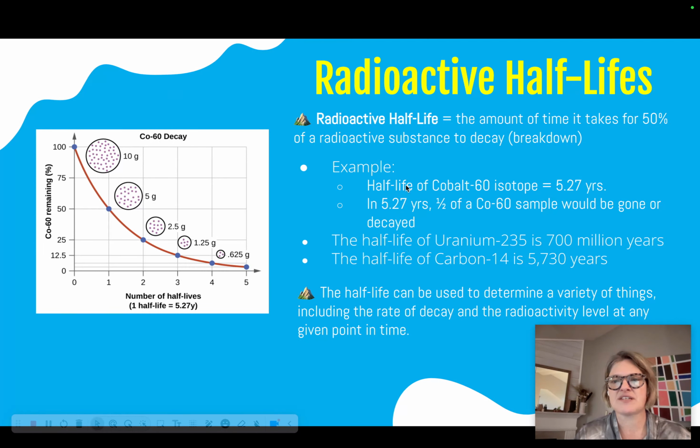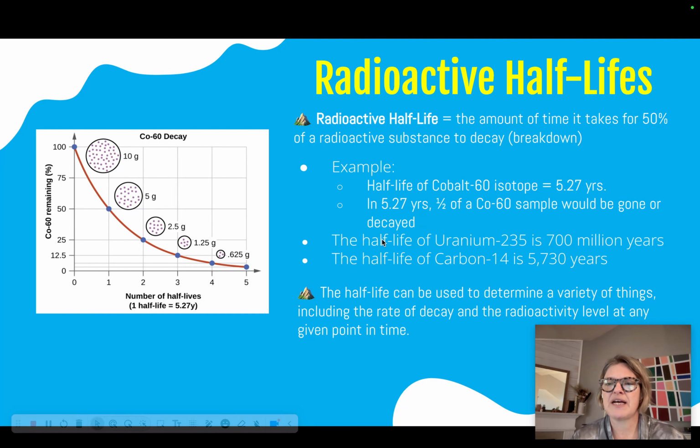Scientists have discovered that cobalt 60 decays rather quickly. It takes about 5.27 years for 50% of the isotope to decay and turn into something else. I'm not even sure what cobalt 60 turns into. I don't have that memorized. But that's basically what a half-life is.